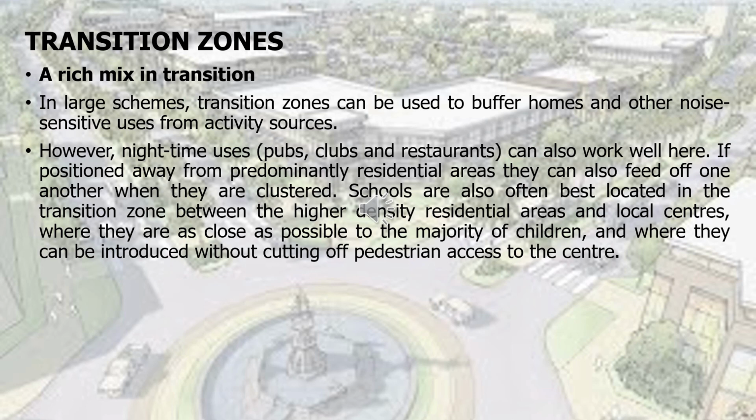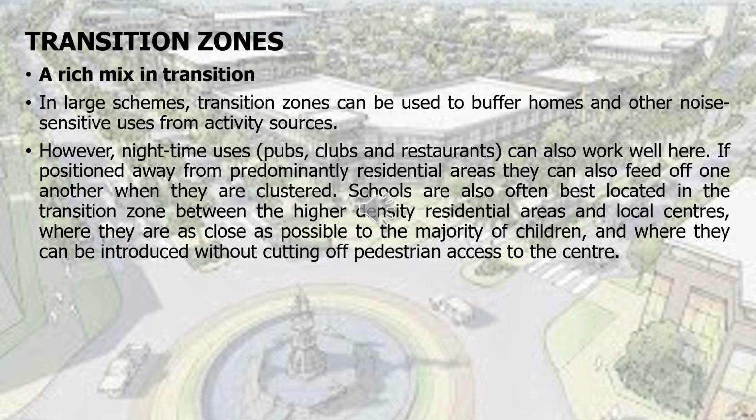You don't want this noise to disturb and affect the lives of those residents. So by putting those industrial zones far away from the residential zone, you need to provide a barrier, a buffer between the residential and the industrial zone. So the transition zone acts as a buffer.